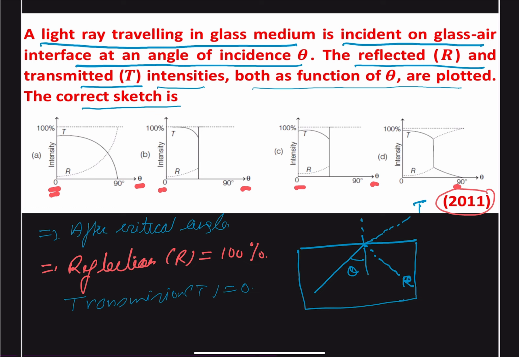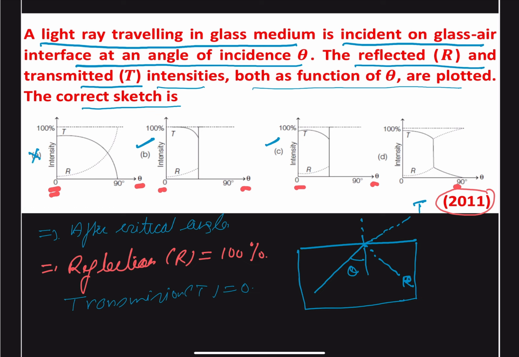Okay. So from here we can see that at the critical angle, option number B as well as option number C are the close resemblance, where option number A as well as option number D fail this criteria of the critical angle. Okay.